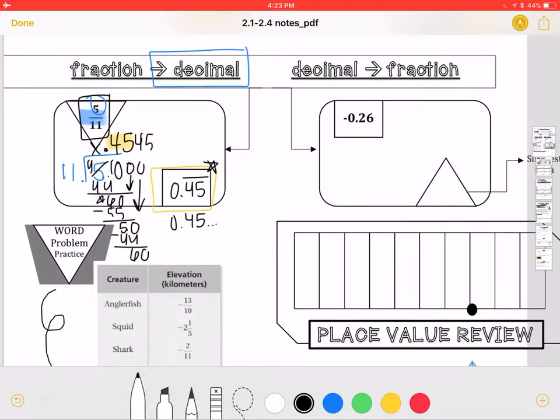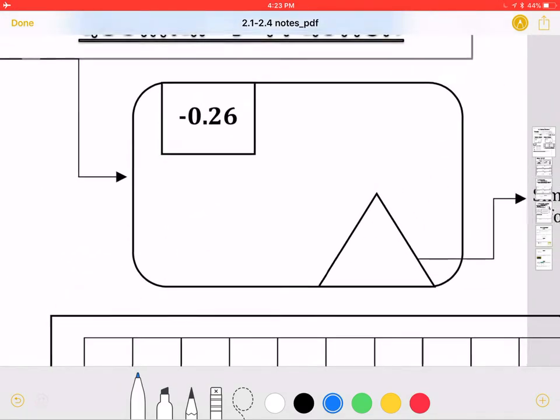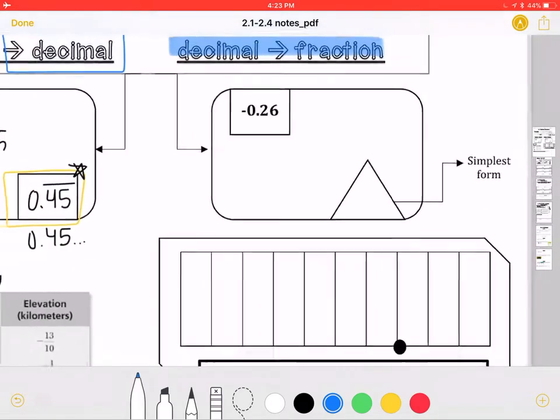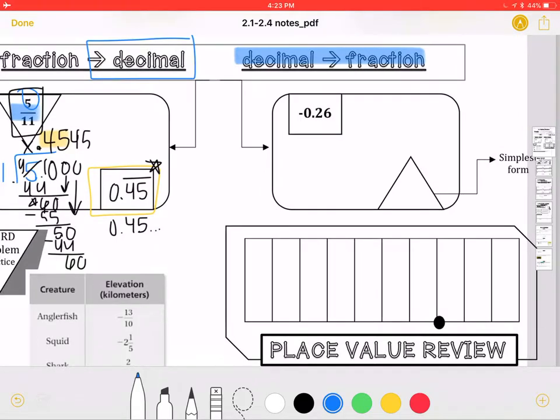What happens if we're converting a decimal to a fraction? Let's do it the other way around. I'm given this decimal, negative 0.26. Now I want to ask you, how would I say that decimal? 26 hundredths. I have negative 26 hundredths.